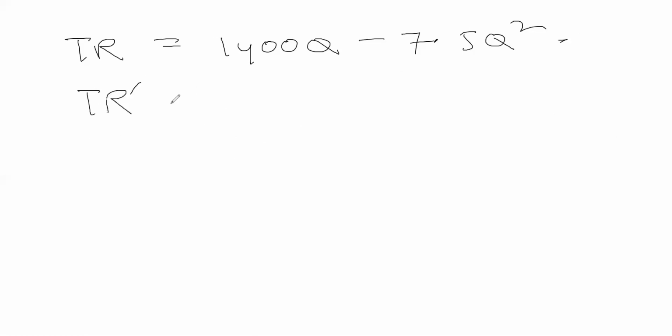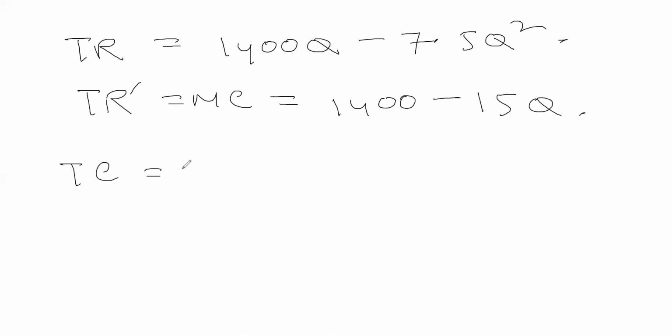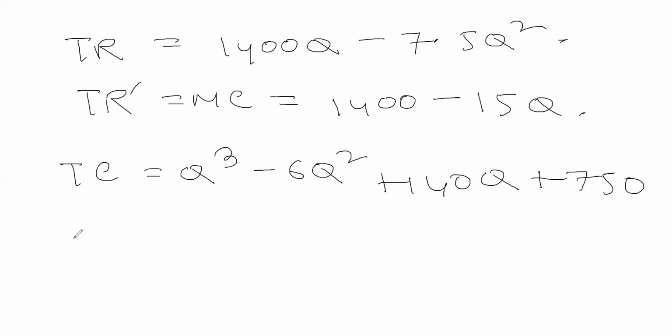Given TR is equal to 1400Q minus 7.5Q square, if I take the first order derivative, I get 1400 minus 15Q. Similarly, the total cost equation is Q cube minus 6Q square plus 140Q plus 750. If I take the first order derivative, I get, oh, my bad.